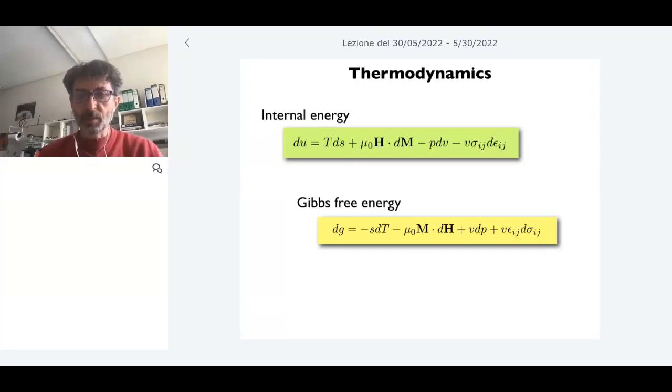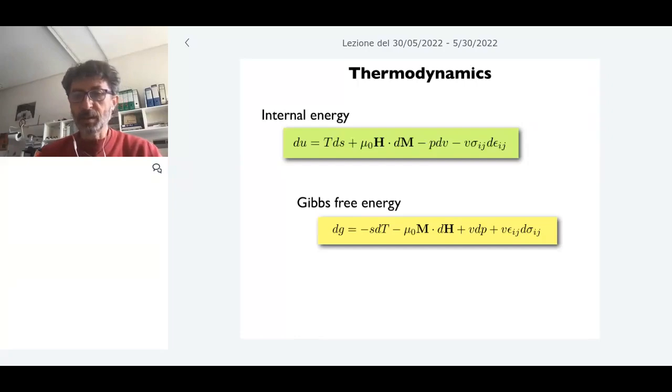Again, if we express the thermal energy, we have all the change of energy with respect to the change of the extensive variables: the entropy, the magnetization, the volume, and the deformation, the strain epsilon. If instead we control the intensive variables, then we have to express this in terms of a Gibbs free energy.